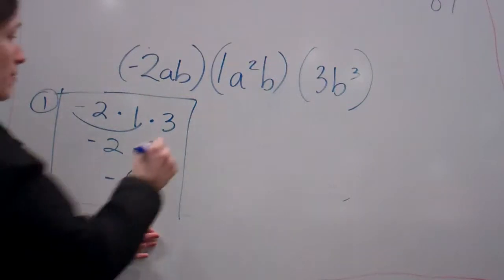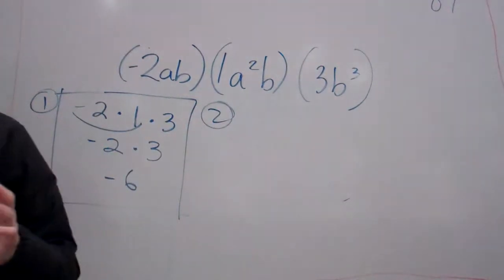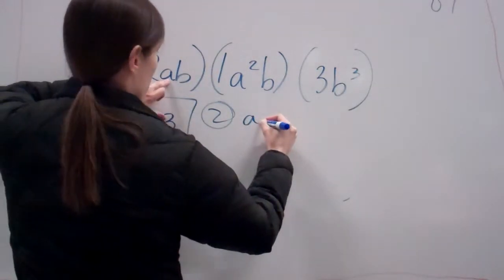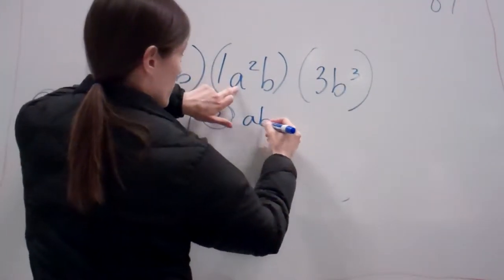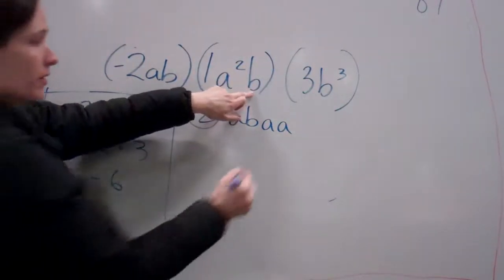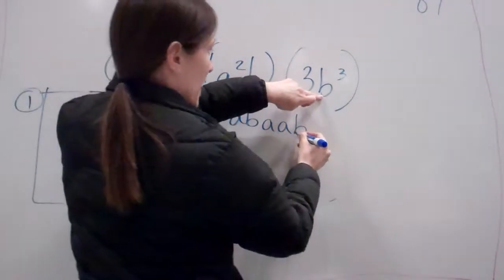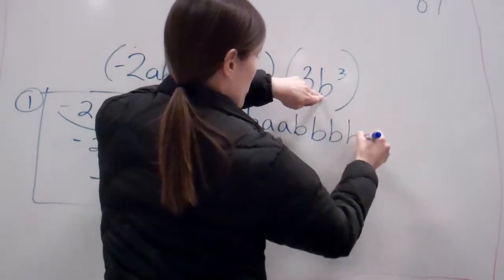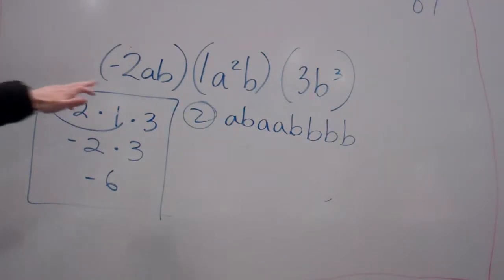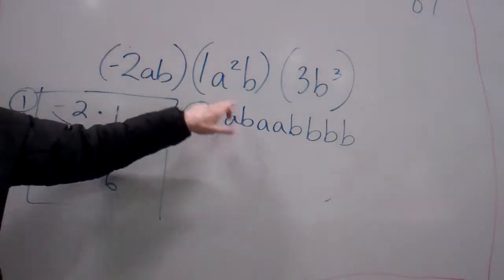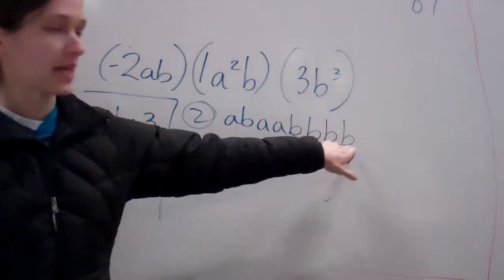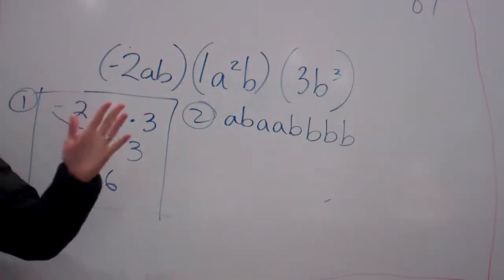Step number 2, expand it. I have an a, a b, then I've got 2 a's right here, and a b, and then I have 3 b's. So all I've done is just expanded: 1 a right here, a b here, 2 a's, 1, 2 b right here, and then 3 b's. All I did is expand it.